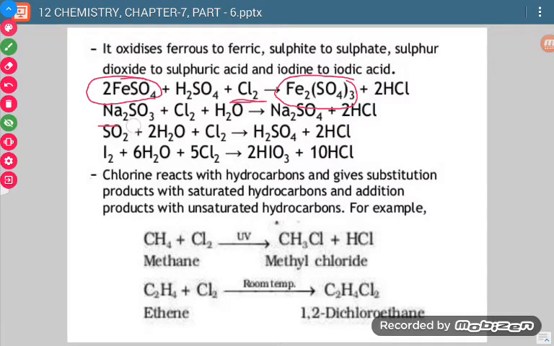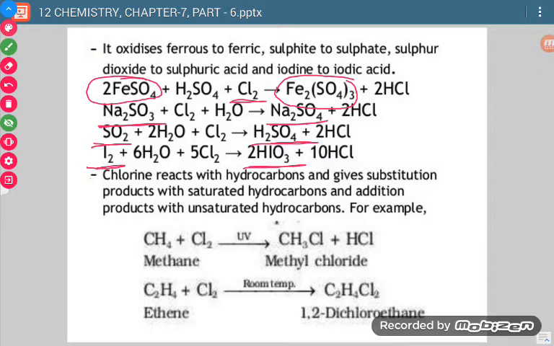Sulfite changes to sulfate, sulfur dioxide changes to sulfuric acid, iodine changes to iodic acid. So in case of iron sulfate, we have to take it in acidic medium, and in all other cases we have to take aqueous chlorine.